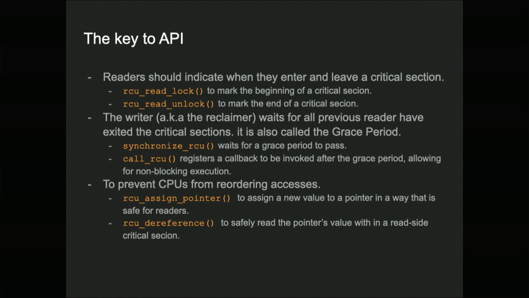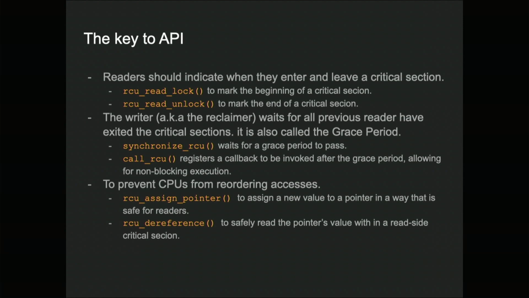On the writer side, as I mentioned before, it has to wait for all previous readers to ensure the old data cannot be accessed anymore. This waiting period is called a grace period, which I will explain later. In this case, there's a special function called synchronize_rcu to wait for readers. If one doesn't want to wait, it can invoke call_rcu instead.